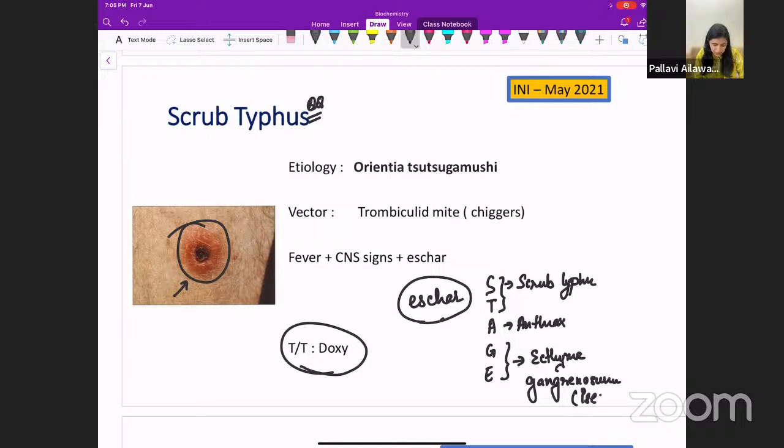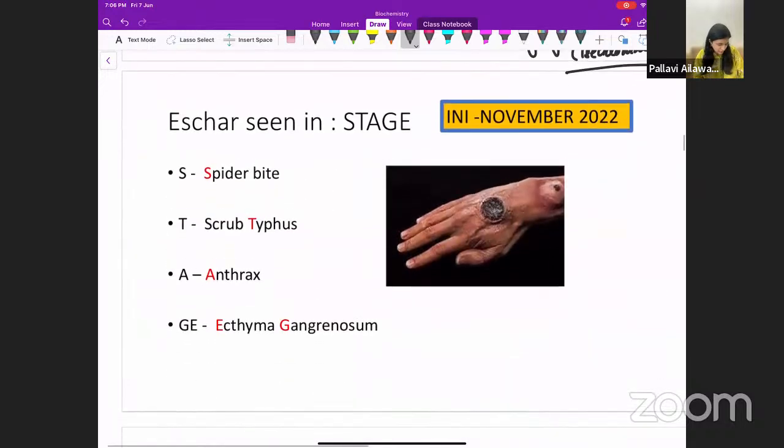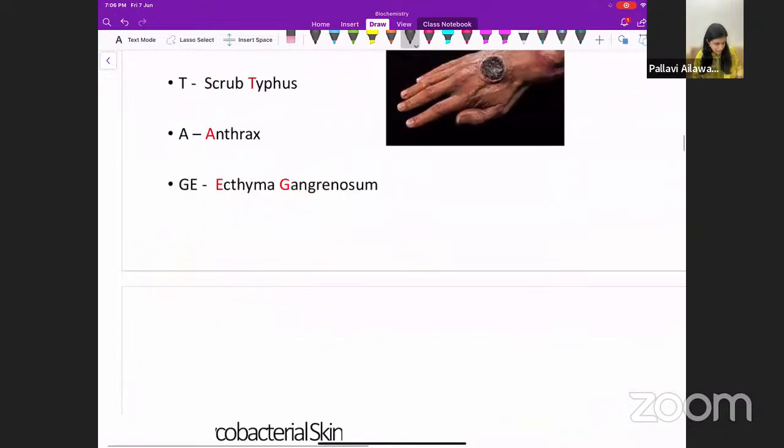So this question has been asked in the INI-CET over the last 1 year, 2 times, causes of eschar. So you need to know cutaneous anthrax, scrub typhus, ecthyma gangrenosum. These are the 3 most important causes of diseases which present with this thick black adherent crust that is called as eschar. See here, another S is for spider bite. So these are the causes that have been asked.